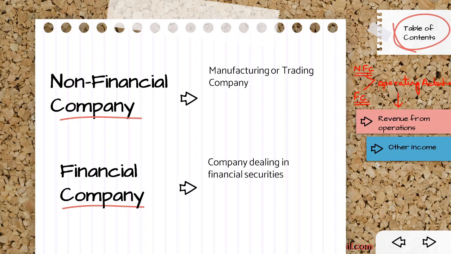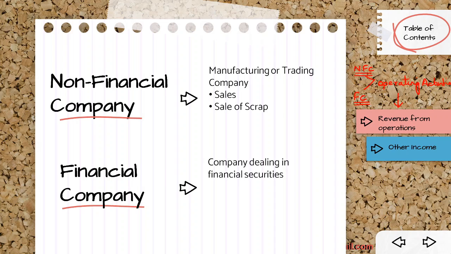So in case of a non-financial company, which is a manufacturing or trading company which deals in goods, what will be the revenue from operations? Simple. The revenue which they earn from the sale of their goods, sales. Then any kind of scrap, residual material, raw material which is left and is sold, that amounts to sale of scrap.